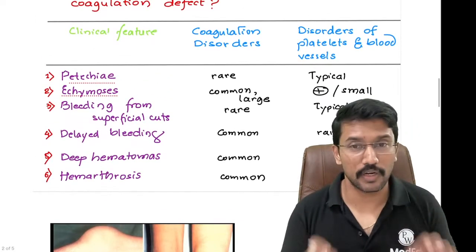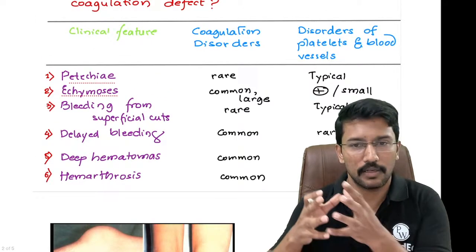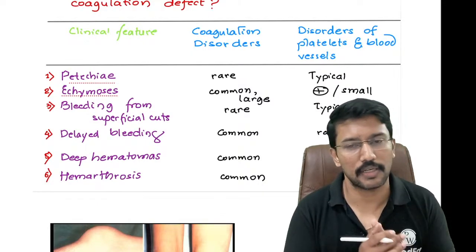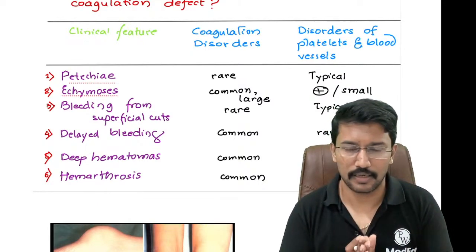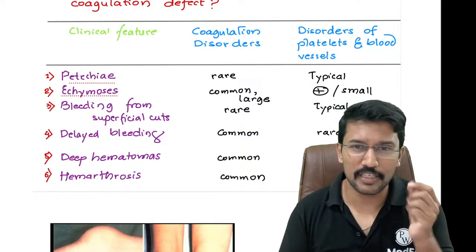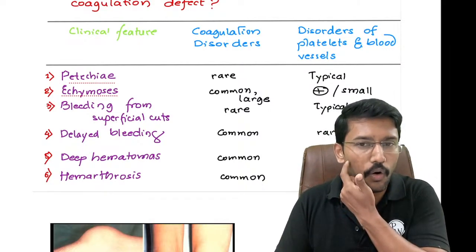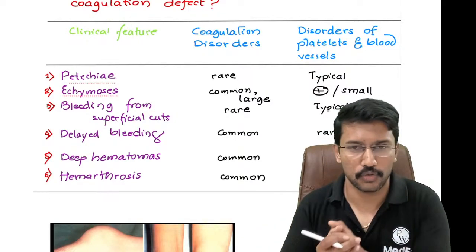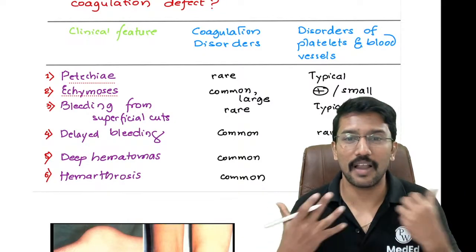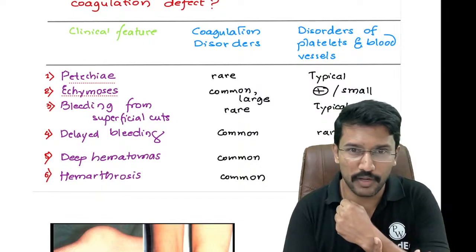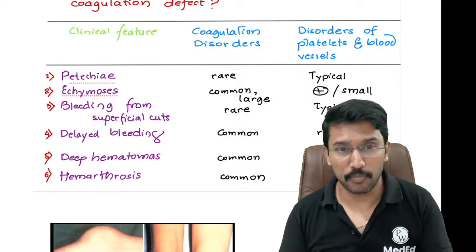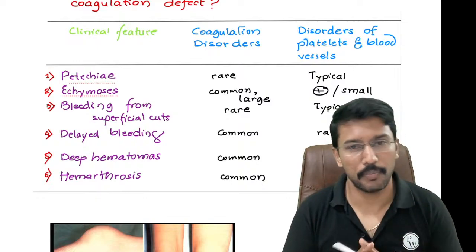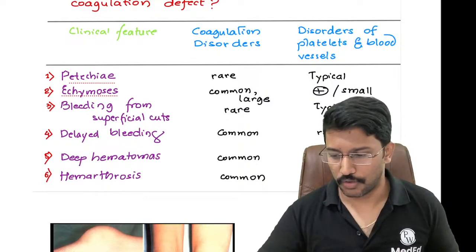Is it difficult to clinically differentiate between defects of platelet plug formation and defects of the coagulation cascade? No, it is pretty easy. Those who present with tiny, small, superficial bleeds or bleeding soon after the trauma most likely have platelet disorders. Those who present with large superficial bleeds, that is ecchymotic patches, delayed bleeding, deep-seated bleeding or bleeding into the joint are mostly patients with coagulation disorders.